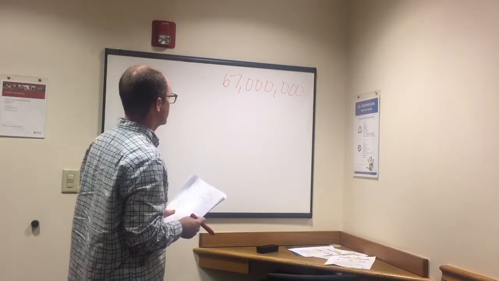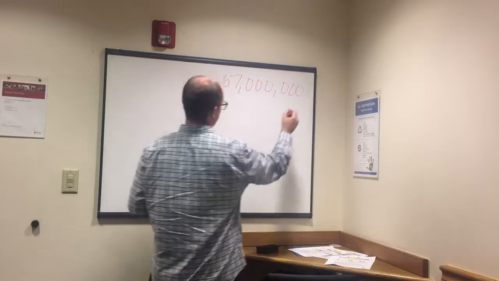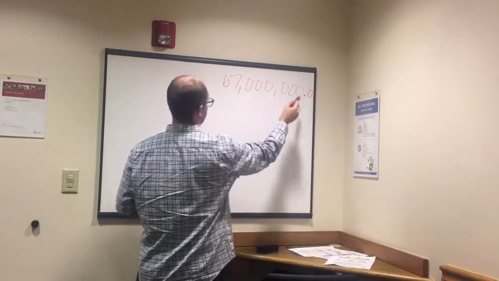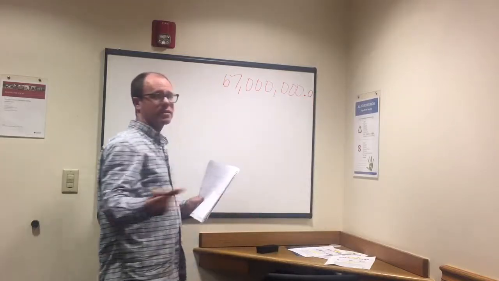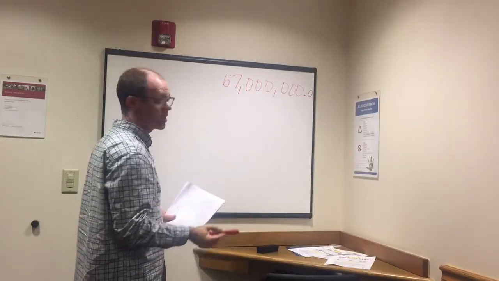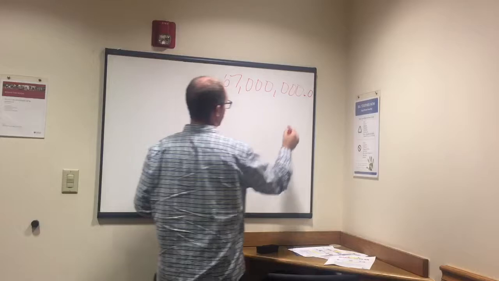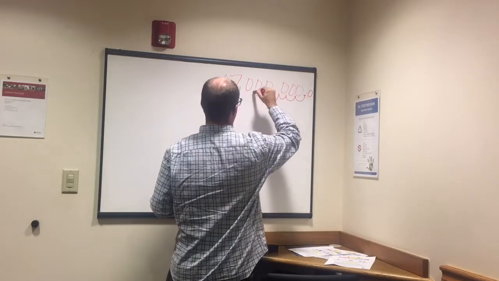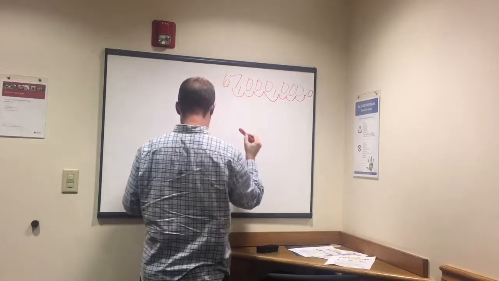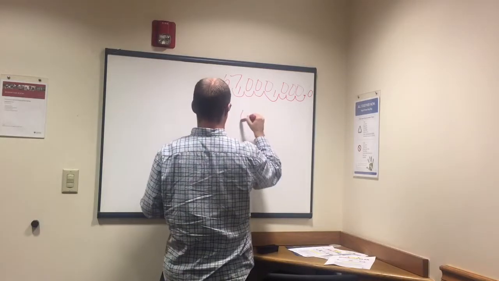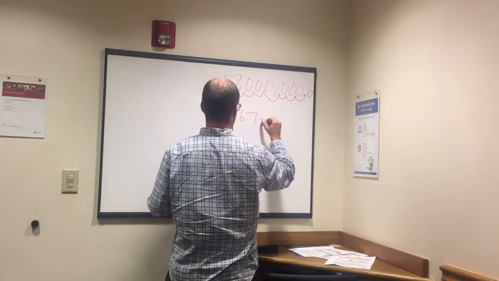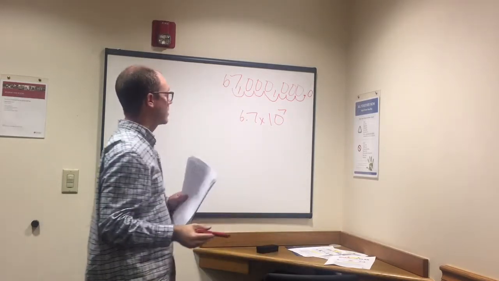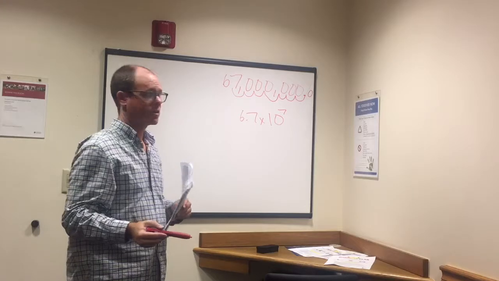So right now essentially the decimal place is right here, and you have a 0, 67 million point 0. That's the same thing as 67 million. So we're going 1, 2, 3, 4, 5, 6, 7. 6.7 times 10 to the 7th. That's how we do that one.